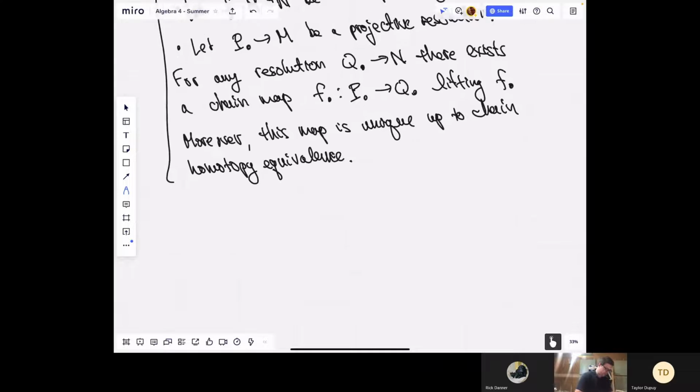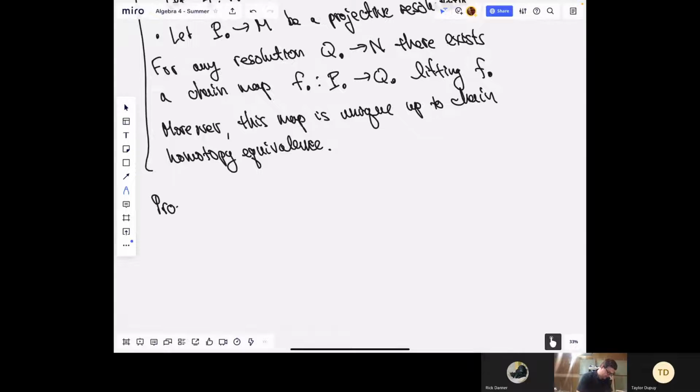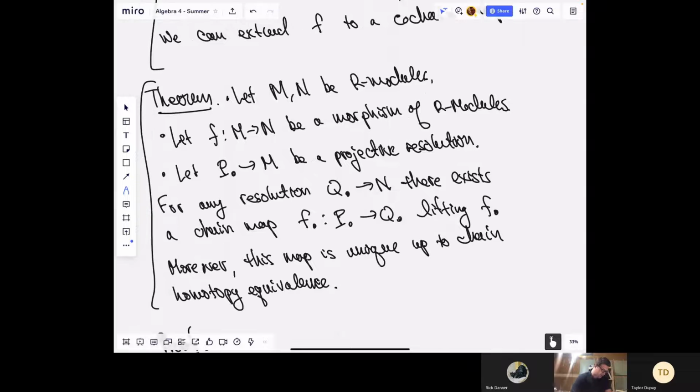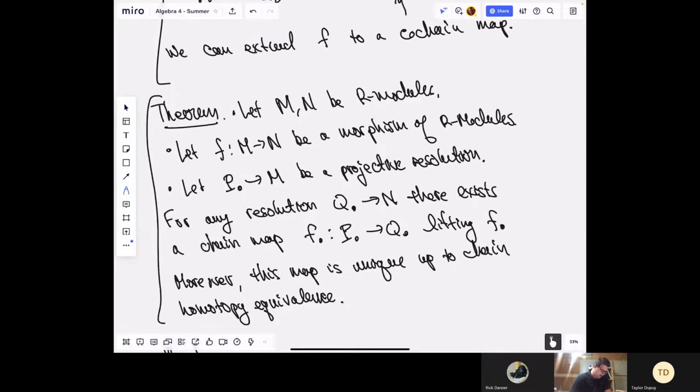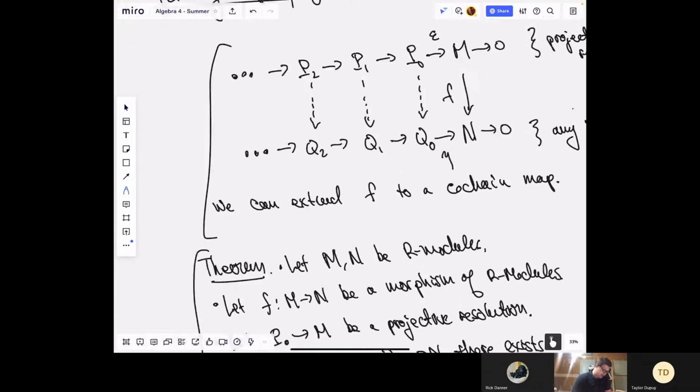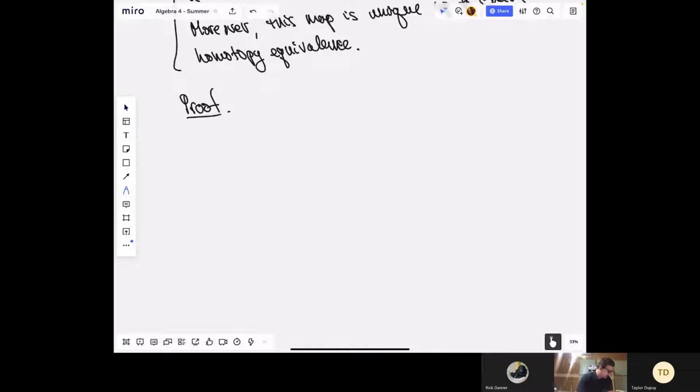Okay, so proof. Okay, so there's kind of two parts of this proof. There's the existence part, and then there's the uniqueness part. So there's the existence part.